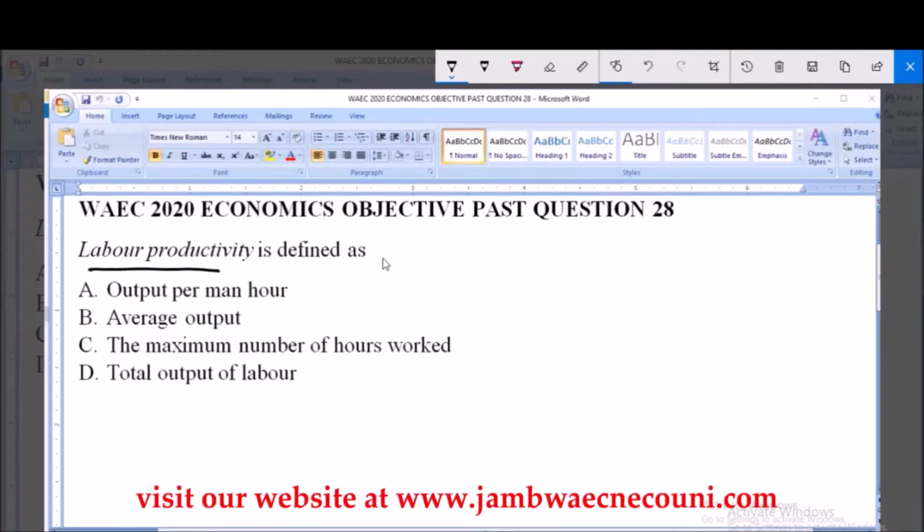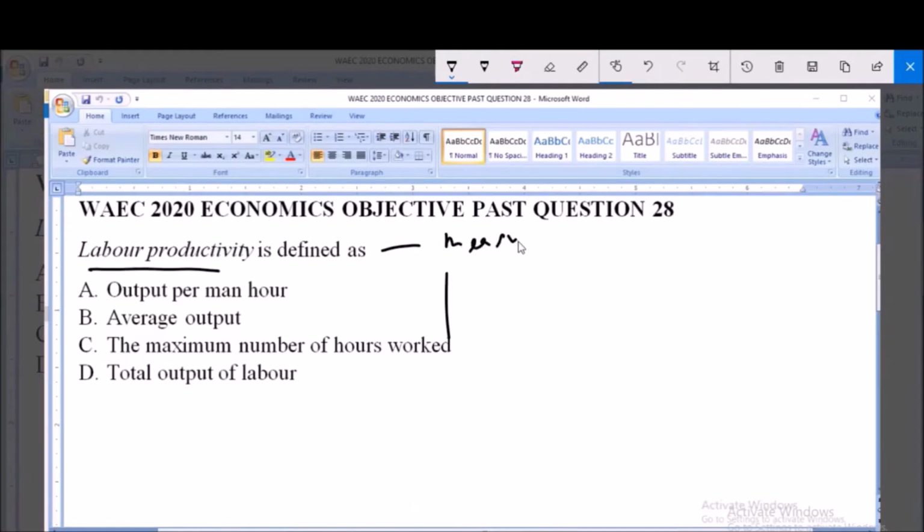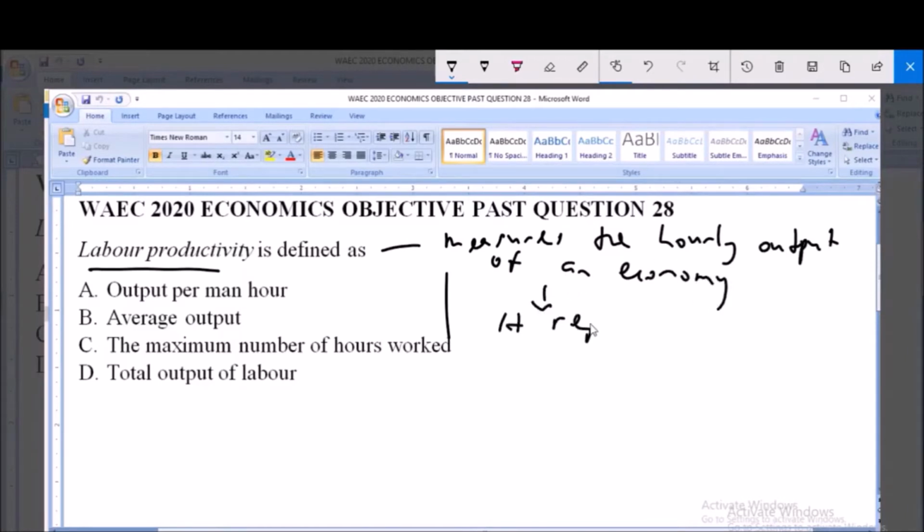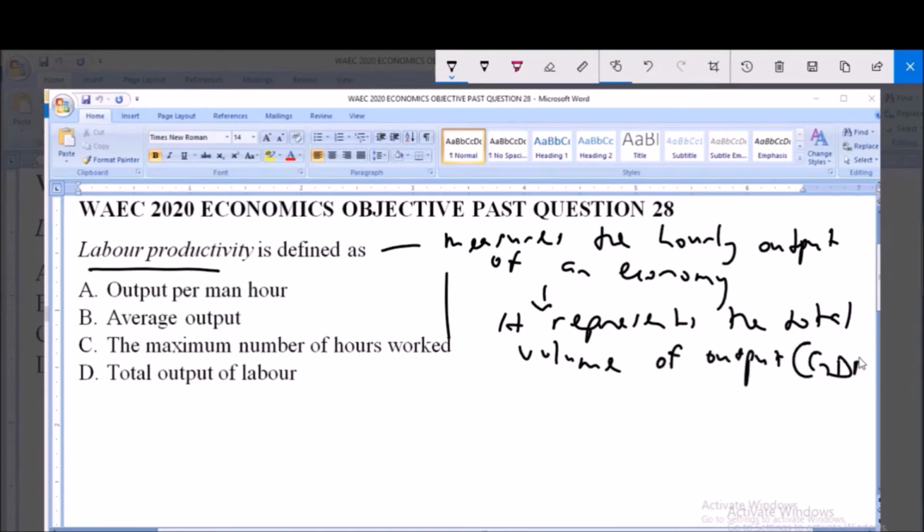Now, the concept of labor productivity in a broader sense measures the hourly output of an economy. In other words, it represents the total volume of output in gross domestic product produced per unit of labor.